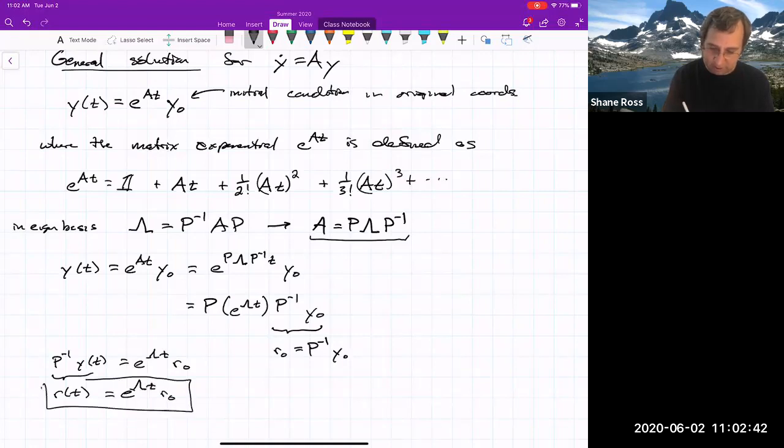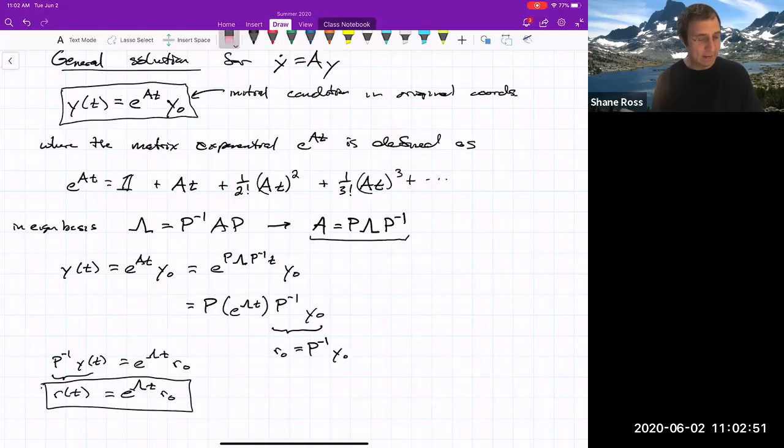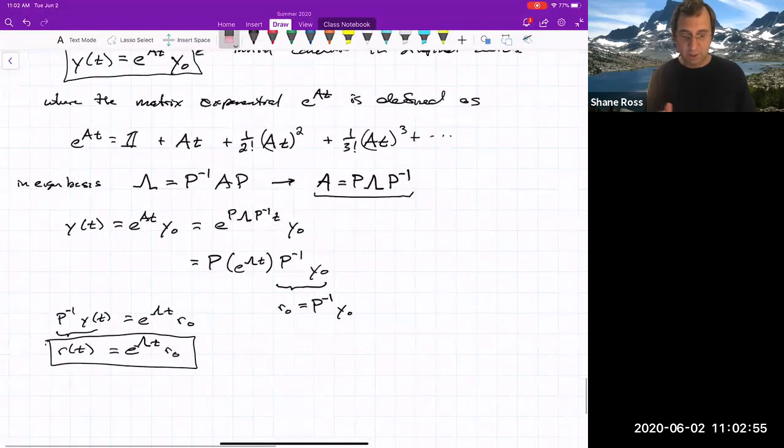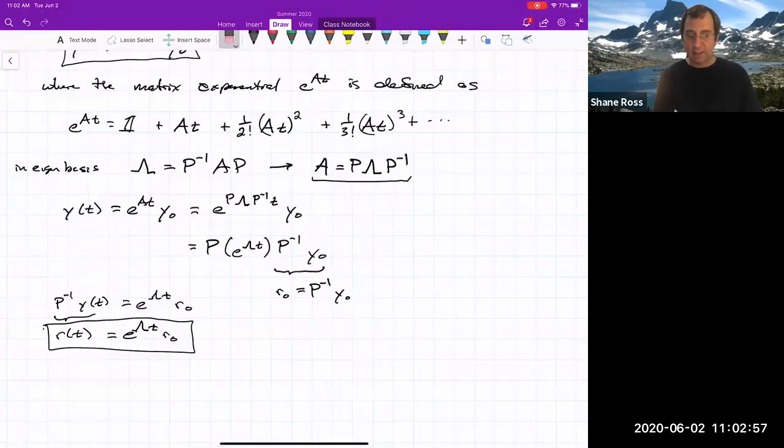So as we expected, in the original coordinates, that's what the solution looks like. In the eigenbasis, this is what the solution looks like. But usually here, e to the lambda t, lambda might be diagonal. And if it's a diagonal matrix, then that simplifies how you do the matrix exponential.